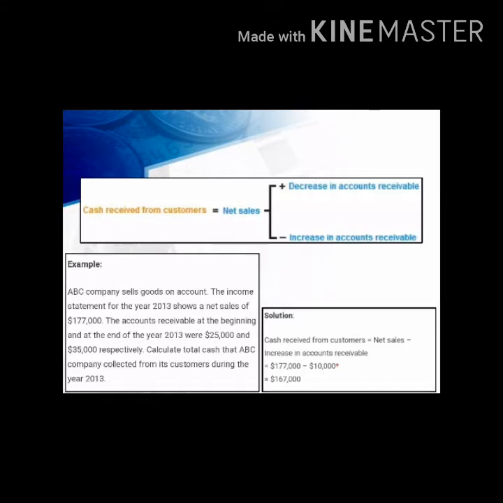And now we should calculate the net sales minus the increase in accounts receivable. So $177,000 minus the $10,000 is equal to $167,000.